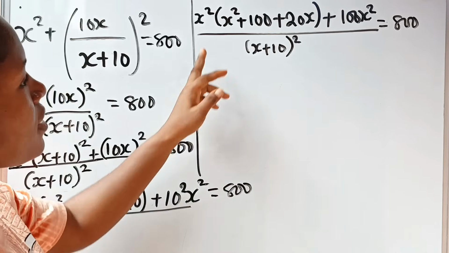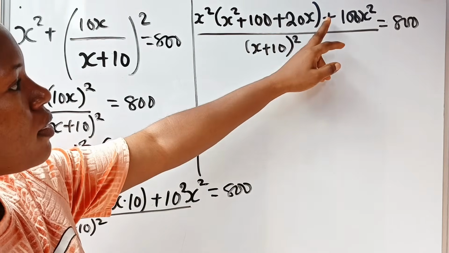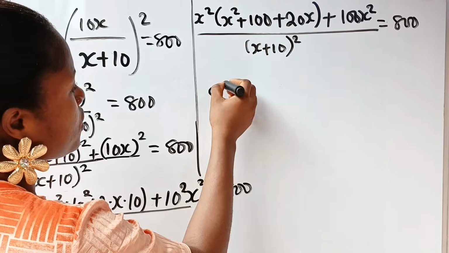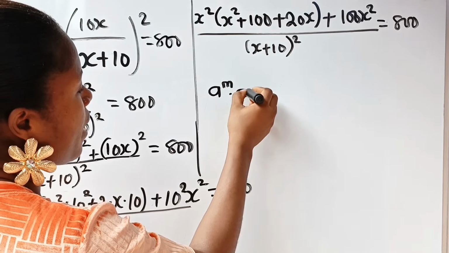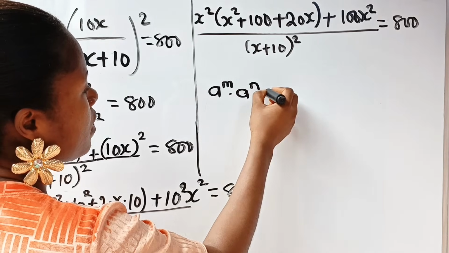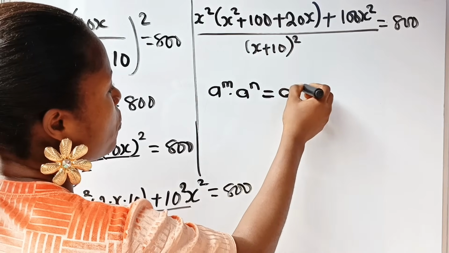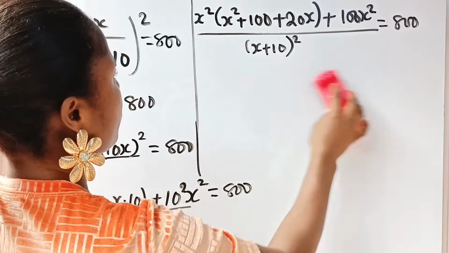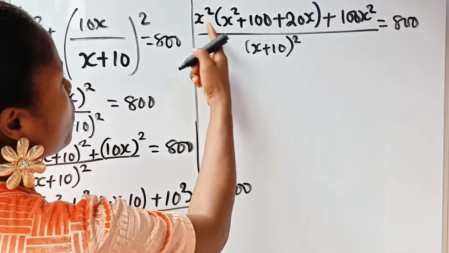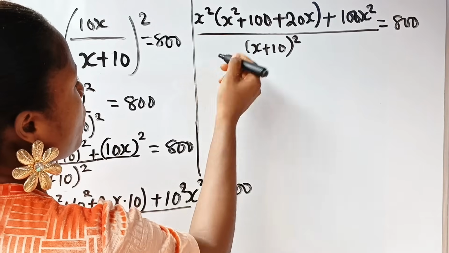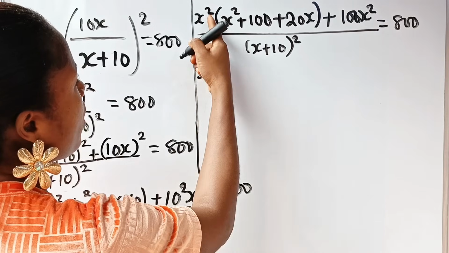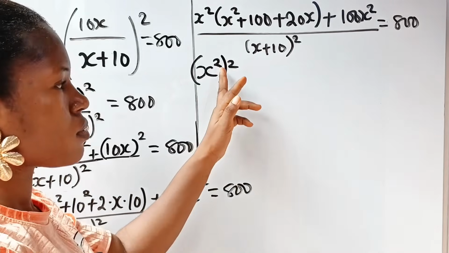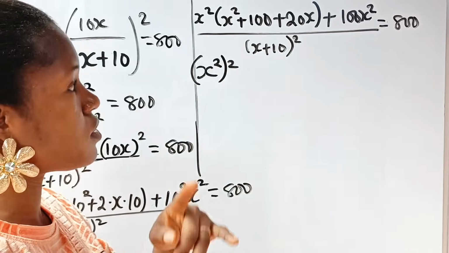Now let us expand this. Note that a raised to the power of m multiplied by a raised to the power of n is equal to a to the power of m plus n. So x squared multiplied by x squared, we pick one x and add the powers 2 and 2, but this time I'm not going to add the powers, you are going to see why later.